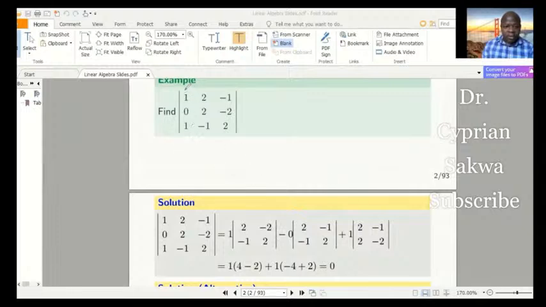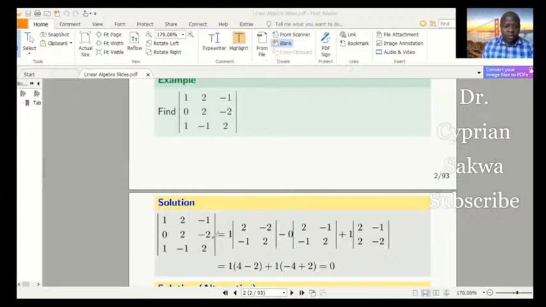So if this is positive, then this will be negative, and this will be positive. That's how the signs go, and we say they just alternate. So that is the knowledge we have.